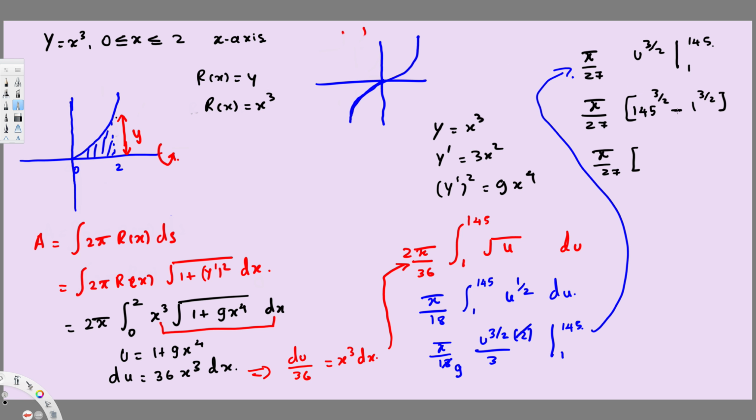You see that it's same as 145 times 145 to the power half, right? And we know power half is same as root 145. So we can write this one as pi over 27 times 145 square root of 145 minus 1. And that's going to be the final answer.